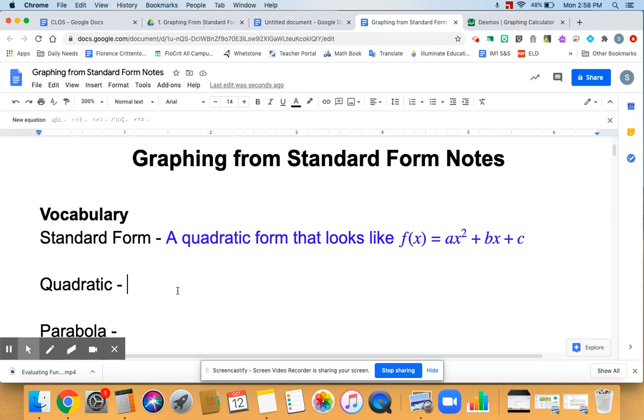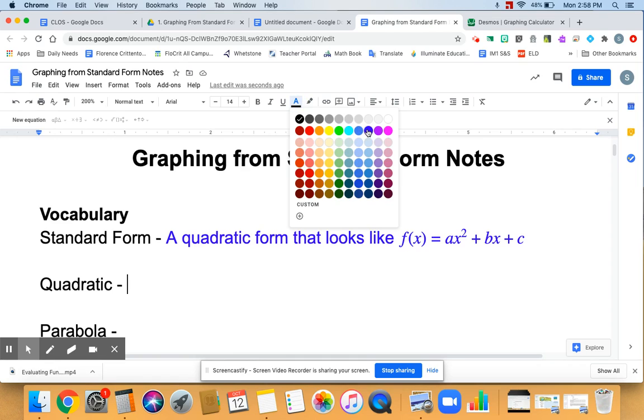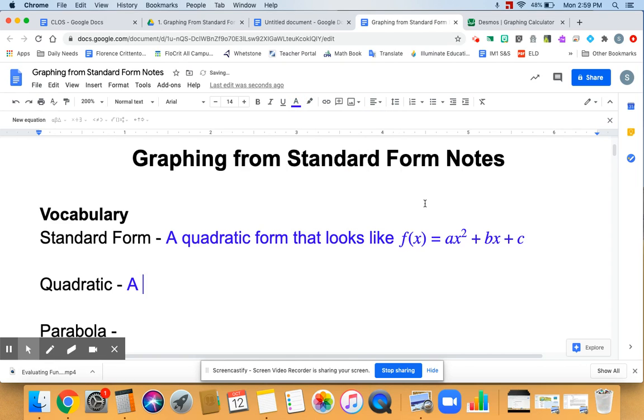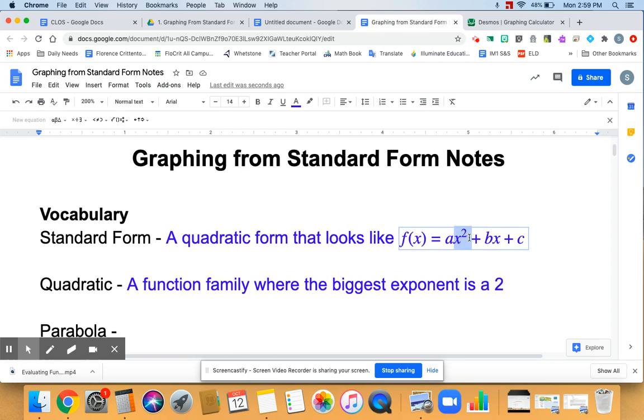So remember, quadratics are a specific function family where the biggest exponent is a 2. There can be smaller ones, like an exponent of 1, or this x has no exponent because there's no x. But the biggest one has to be 2.